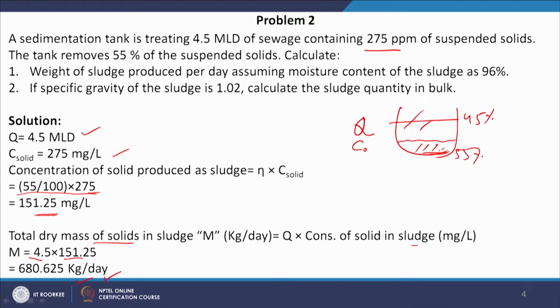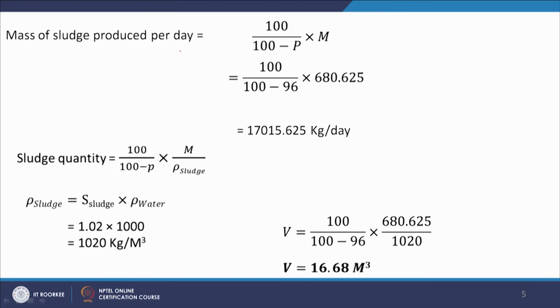So, this is the first part, weight of sludge produced per day, assuming moisture content of the sludge as 96%. Now, we have not considered the 96% moisture content; this is the total solid in sludge we are getting. Now, we will consider the percentage of moisture, that is water, 96%. So, what will be the volume of the sludge containing both solid and water? Then the mass of sludge produced per day will be 100 divided by 100 minus P into m, where 96 is your water content.